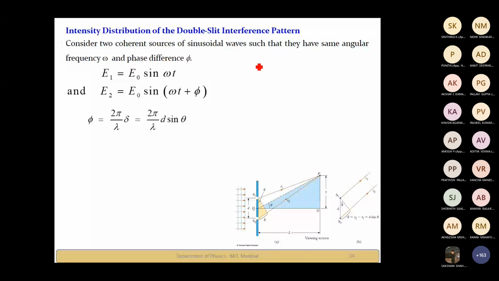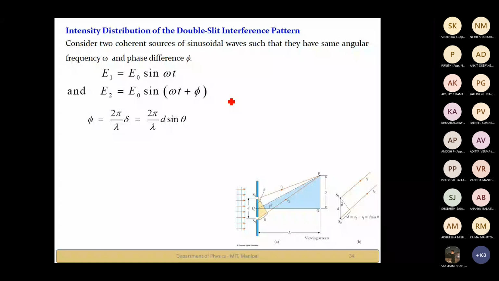Let us describe these two sinusoidal waves as E1 equal to E0 sin omega t, and E2 equal to E0 sin (omega t plus phi). As we know, the phase difference arises basically due to the path difference involved.